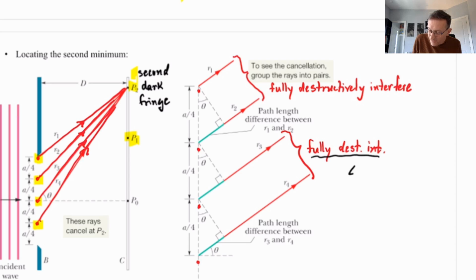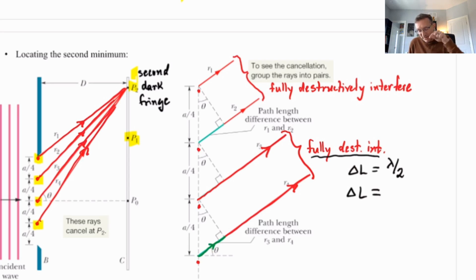Then I know that the path length difference must be half a wavelength. That's the requirement for destructive interference. But then I also can use geometry to get the path length difference. Now let's consider rays R3 and R4. There's R3, and there's R4, both going to point P2, but R4 also has that extra bit right there.